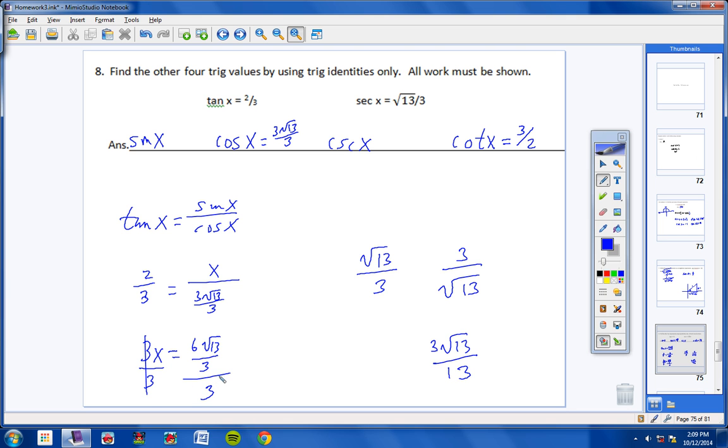Dividing by 3 over here is the same thing as multiplying by 1/3, and so your 3 would cancel, giving you a 2. 2 square root of 13 over 13. And that looks like the letter B, but it's not. Slide it over a little bit. There we go, and there's your answer.